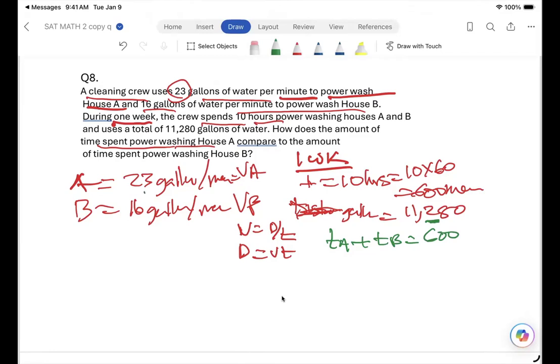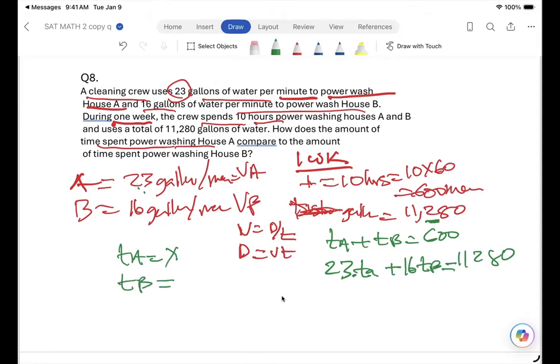The velocity for A is 23, so 23 times TA plus 16 times TB should give you the total gallons, 11,280. What you need to do is make TA X and TB Y. So you have a new system: X plus Y is equal to 600, and 23X plus 16Y is equal to 11,280.